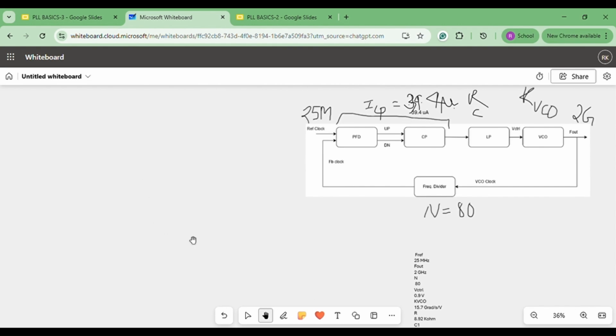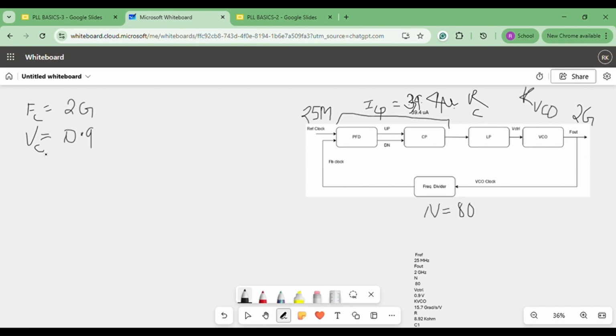So basically, we are designing our PLL for 2 gigahertz of frequency, so we can say FC equal to 2 gigahertz. Then since our supply is 1.8, we are keeping the control voltage centered at a safe margin of 0.9 volts.